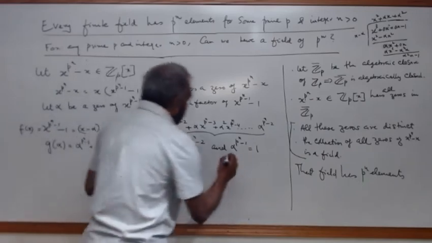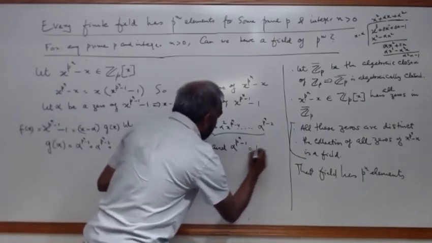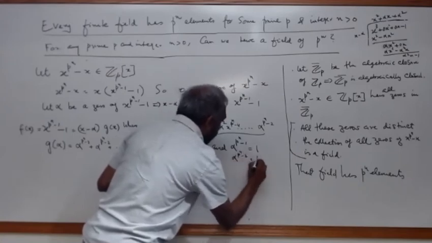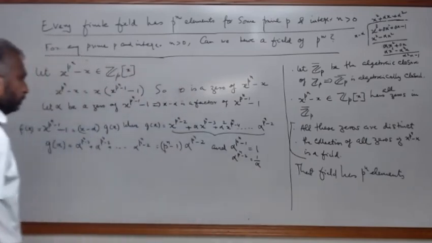And that means alpha to the power of p to the power of n minus 2 is equal to 1 by alpha. This is possible because alpha is coming from a field.